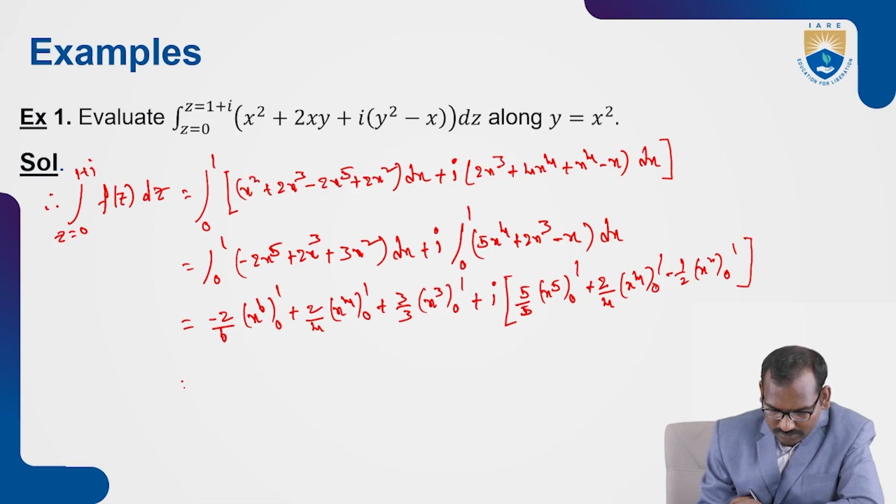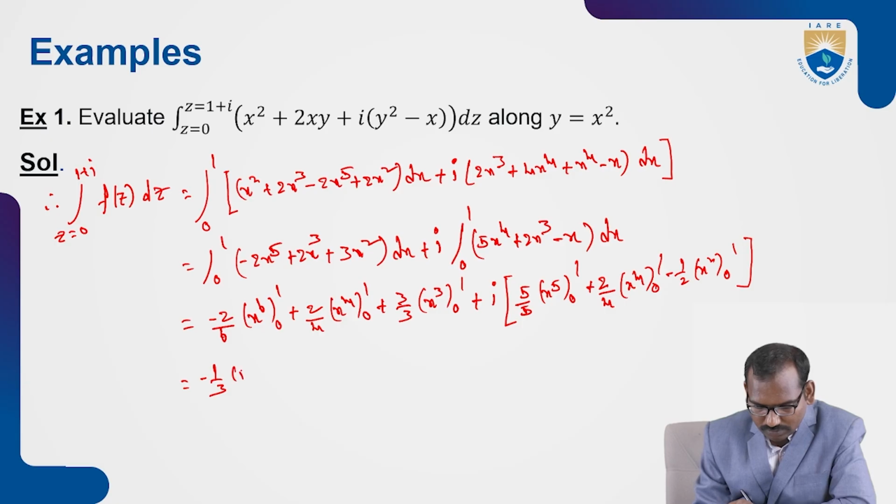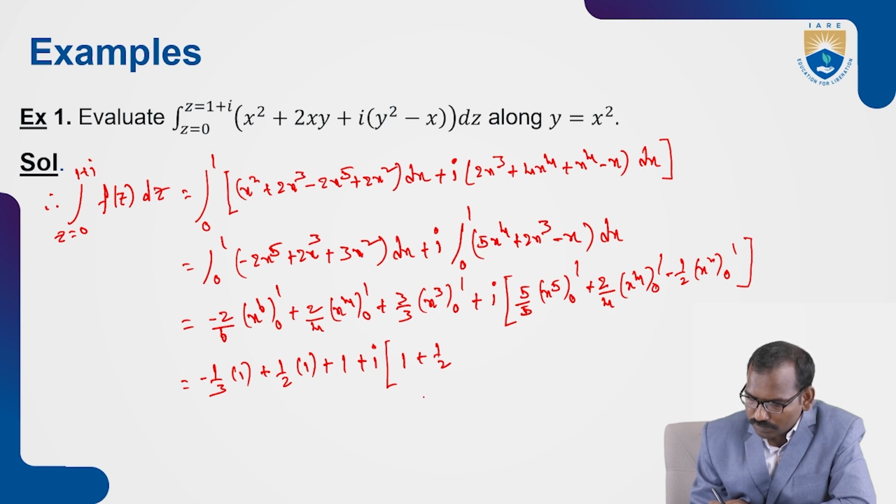We will simplify this. Minus 1 by 3, here you get 1 plus 1 by 2. Here you will get 1 plus 1 only, plus imaginary part. Here you will get 1 only for the first term, and 1 by 2. Here you get minus 1 by 2.